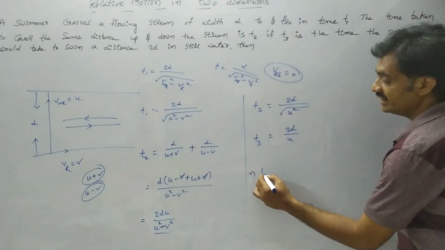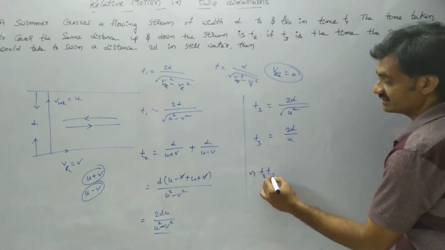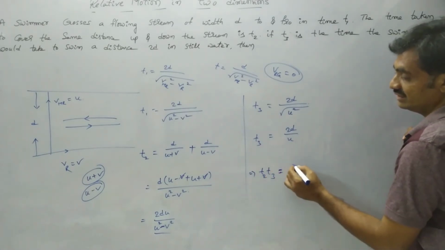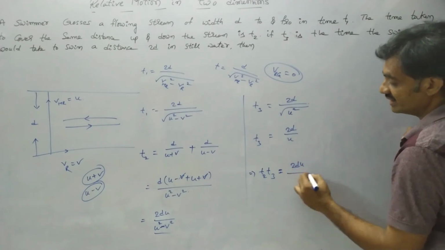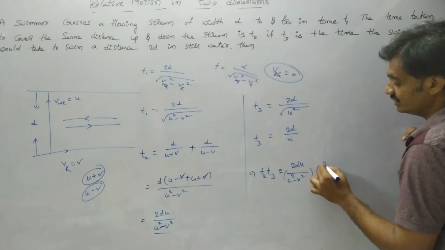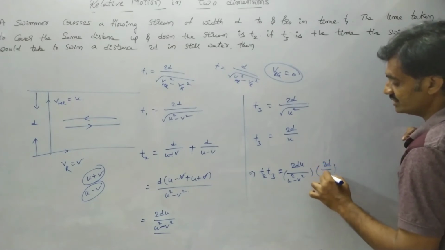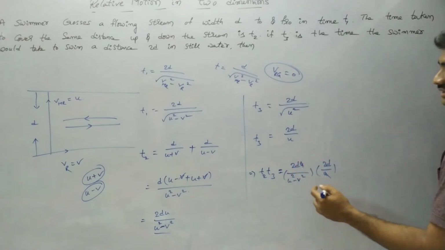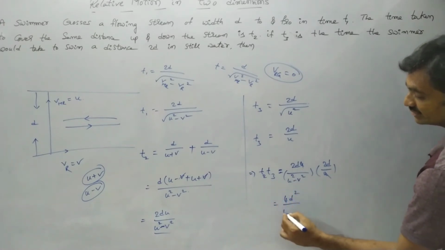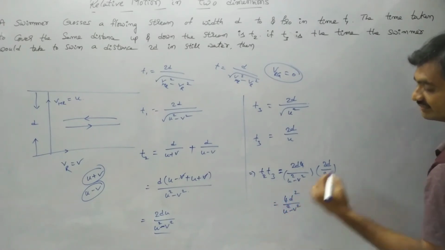Now we have to represent the relation between T1, T2 and T3. So T2 into T3 equals 2du by u square minus v square into 2d by u. Here u and u get cancelled. We have 4d square by u square minus v square.